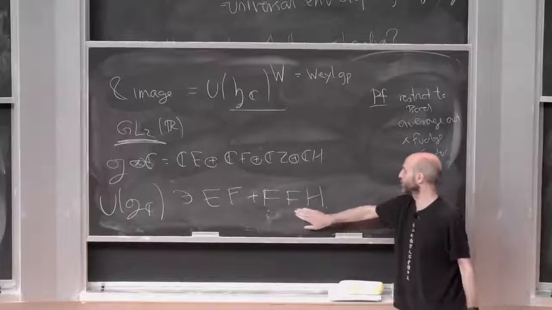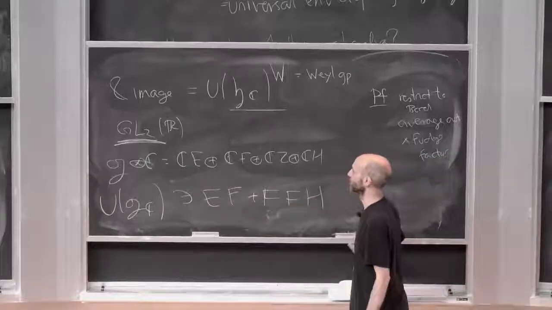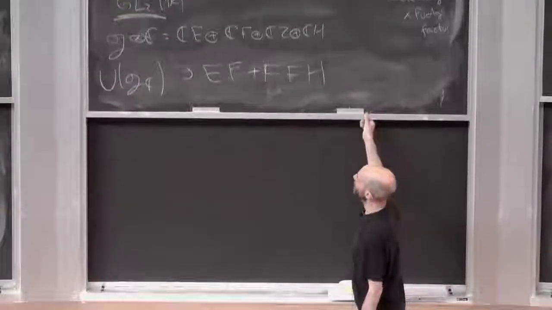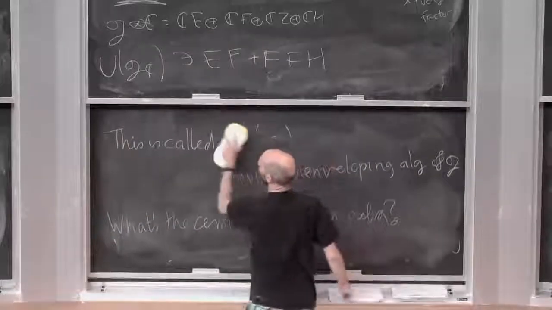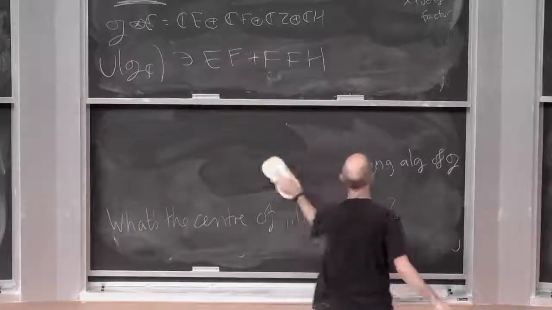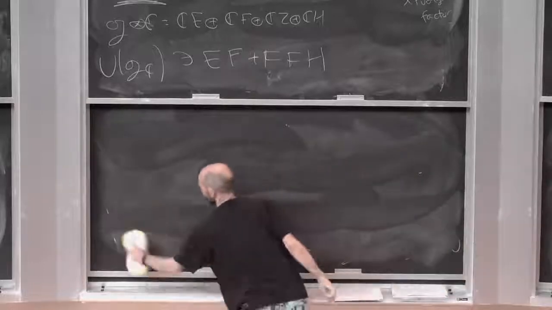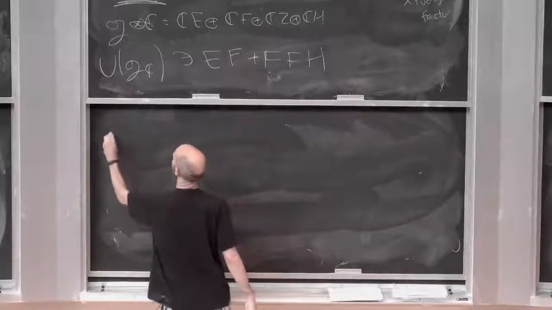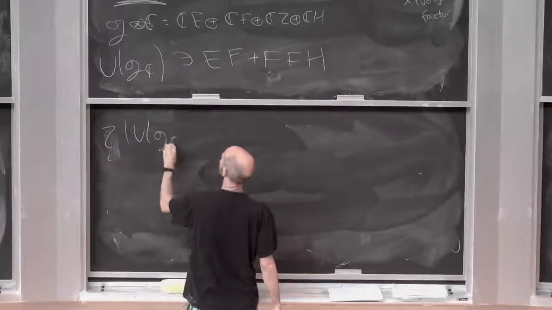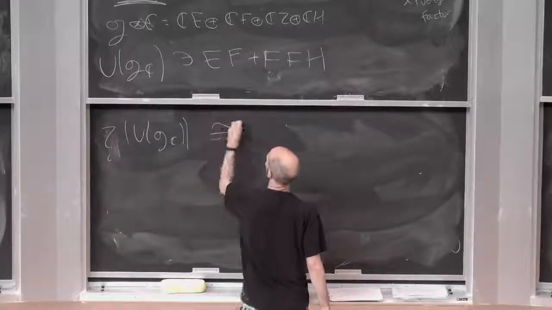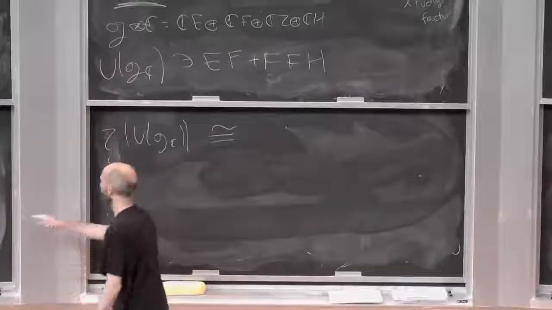That's a third order differential operator. That's a second order differential operator. These are complicated things. But the abstract theorem says that this center of the U of G of C must be isomorphic to U of the Lie algebra of the torus.